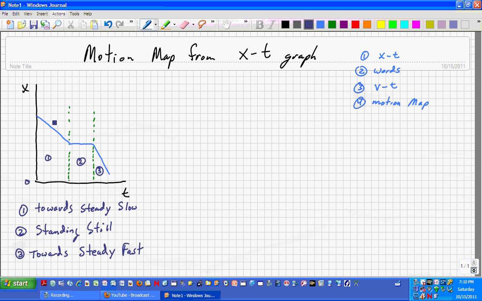So we've got this set of motions, and we're going to go ahead and convert this into a motion map. Now we don't have any numbers to work with, but that's okay. We don't necessarily need numbers. Here's my 0. And again, I'm going to make a number line essentially.